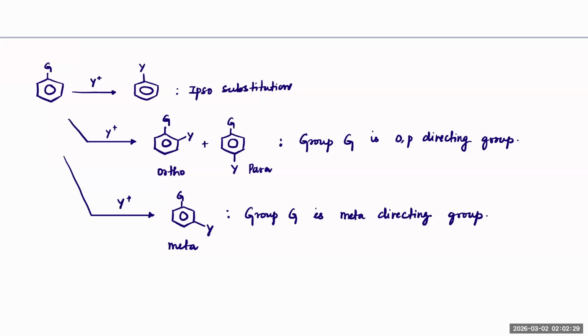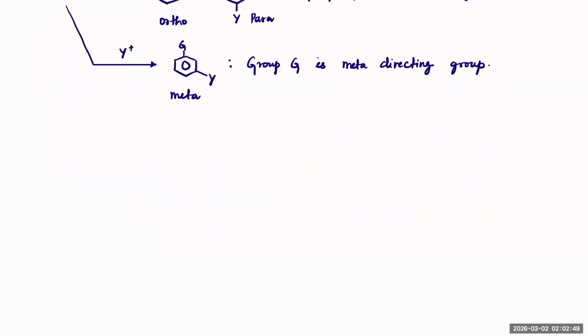If ortho is major, para will be minor. If para is major, ortho will be minor. Or there would be cases where only meta is forming, and ortho and para are less likely to form. So three situations you will always get. In which cases you will notice that ortho-para directing is happening, and in which cases meta directing is happening, let us understand that logic first.